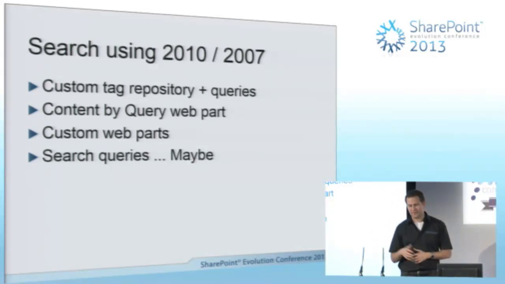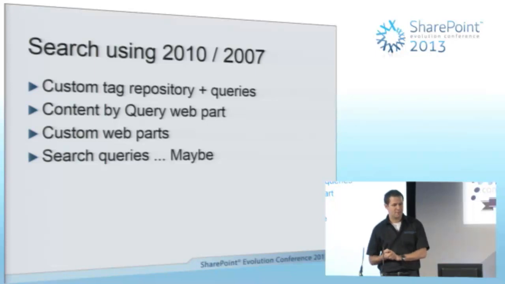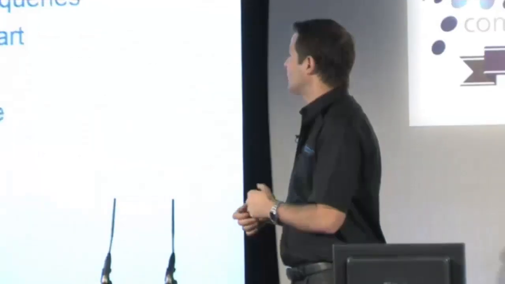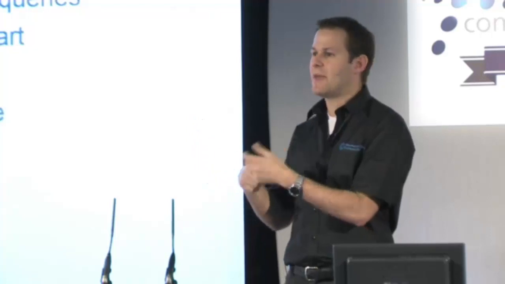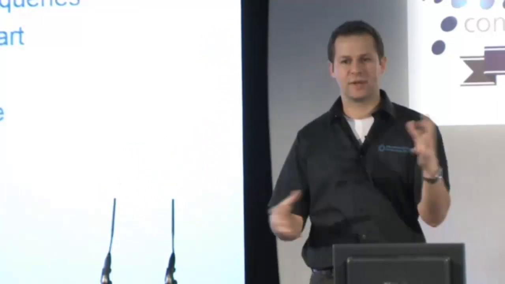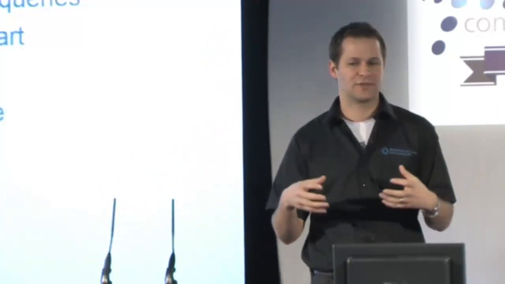So for example, I have a couple of examples on intranets that I've worked on that we can talk about in a second. Some folks put content into SharePoint, tag it and so forth, and then maybe they have some sort of workflow or event receiver that looks at that content, grabs it, looks at its tags, and builds up some sort of custom tag repository that they can later query for a set of results.